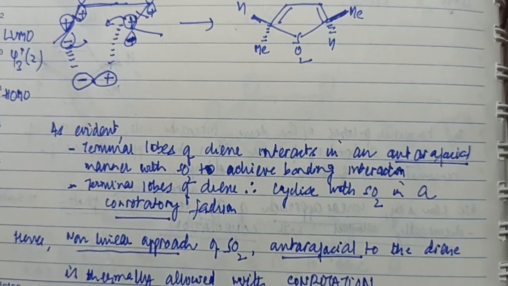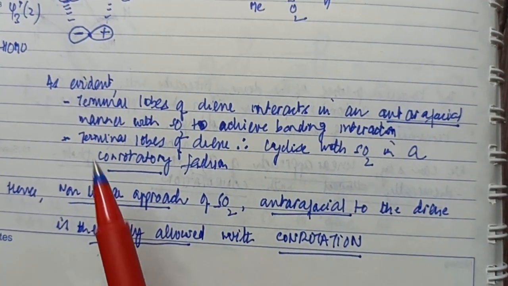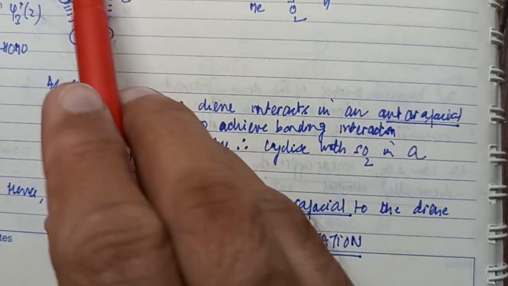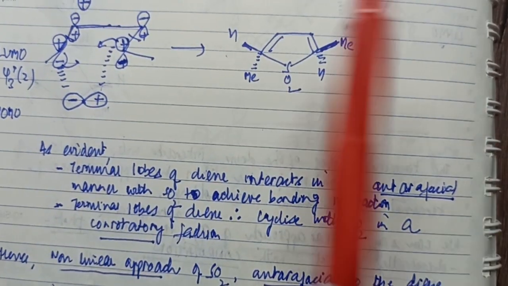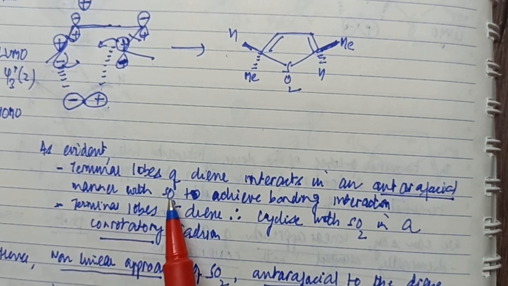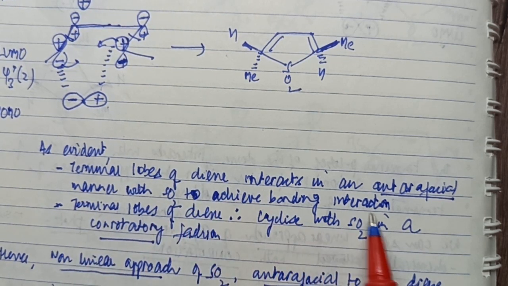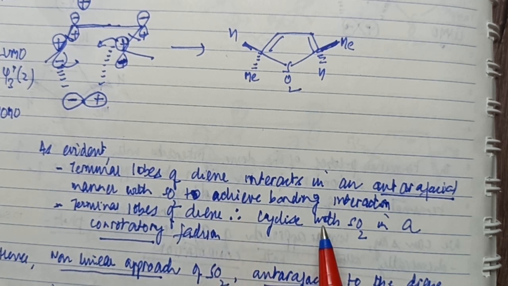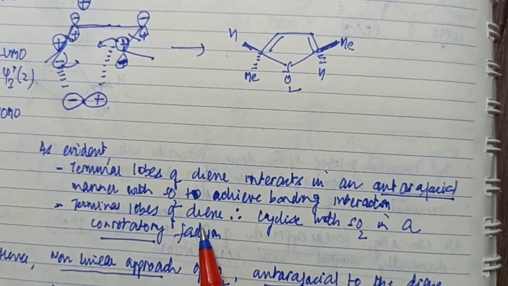And therefore, as evident, we can sum it up and say that terminal lobes of the diene interact in an antarafacial manner. Opposite faces are adding one with sulfur dioxide to achieve a bonding interaction. Moreover, terminal lobes of the diene therefore cyclize with sulfur dioxide in a conrotatory fashion.